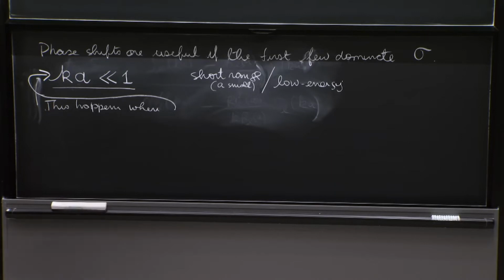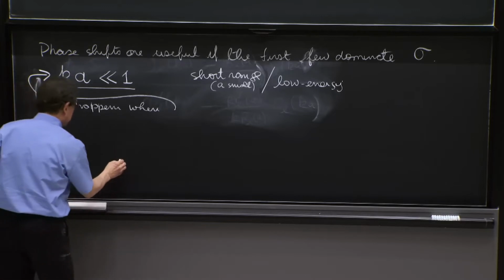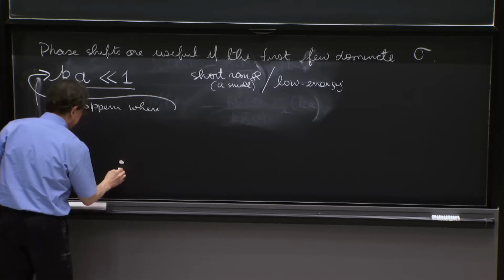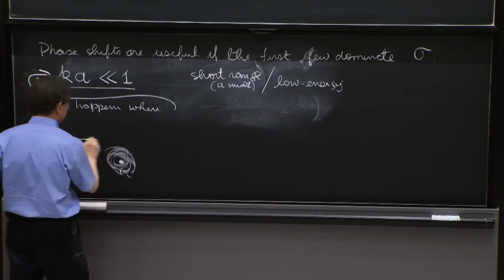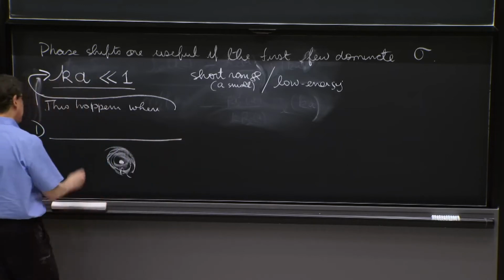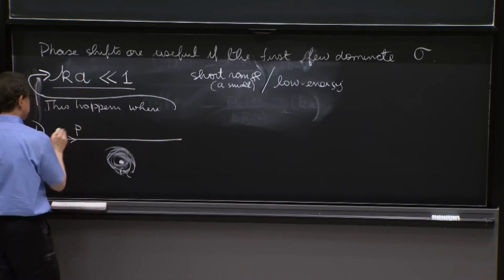So let's have a picture of this. Consider an incident particle on a potential. So here is a potential. Here is r equals 0, and it's a potential, maybe some region. Here's an incident particle coming in with some momentum.